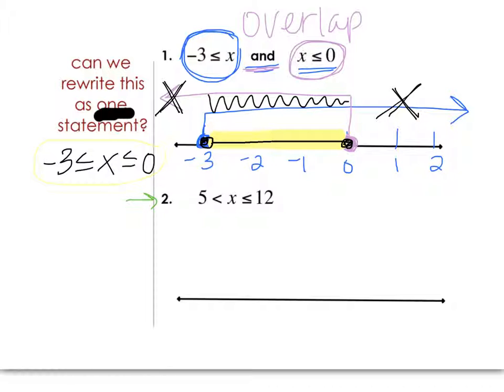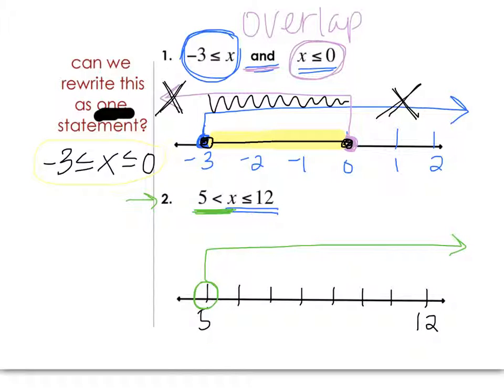This is saying x is greater than 5, and x is less than or equal to 12. So on my number line, if I have 5, 6, 7, 8, 9, 10, 11, 12, I can graph my green and my blue on the same graph. Let's start with the green. x is greater than 5, an open circle at 5.